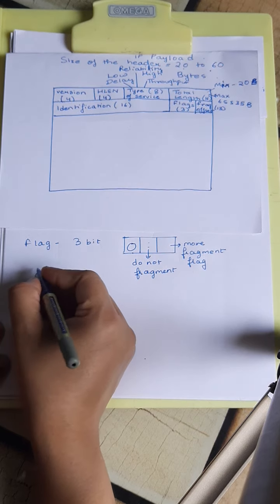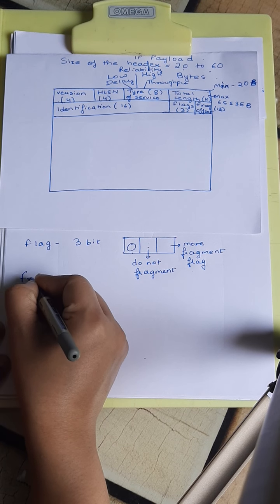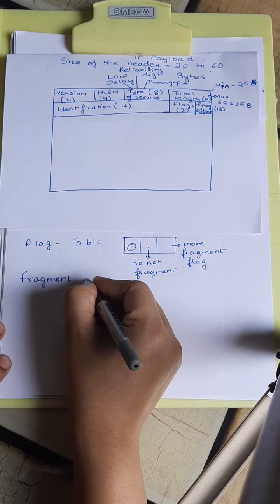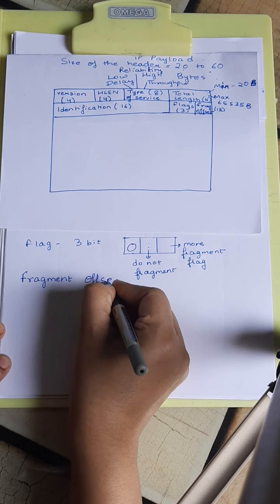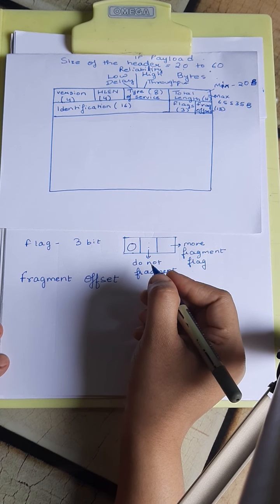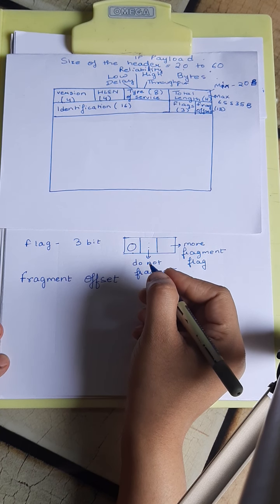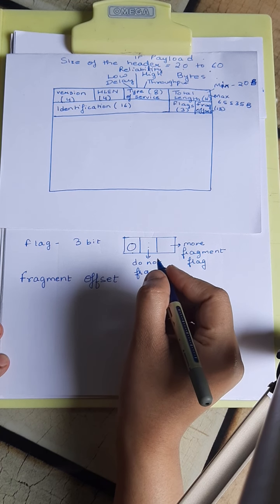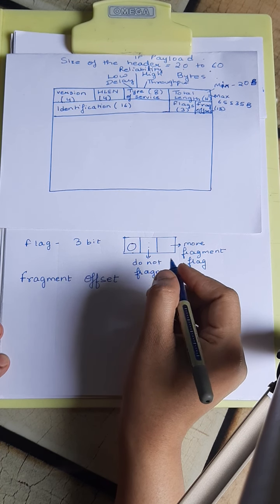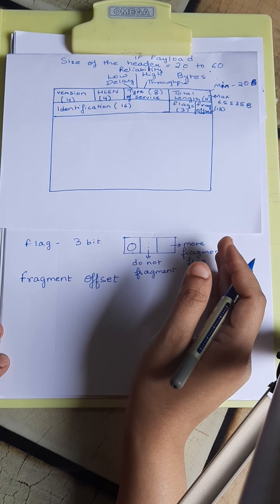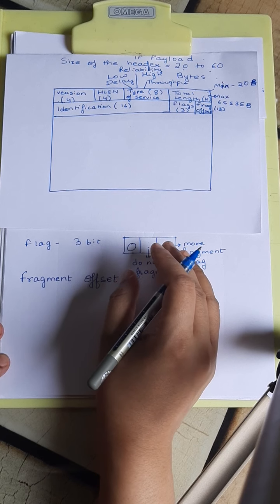Next is fragment offset. In the second row, the last information is about fragment offset. So fragment offset tells about the exact position of the fragment in the original IP packet. If you are using fragmentation and we are fragmenting the IP packet into sub packets, what is the exact position of the fragment?